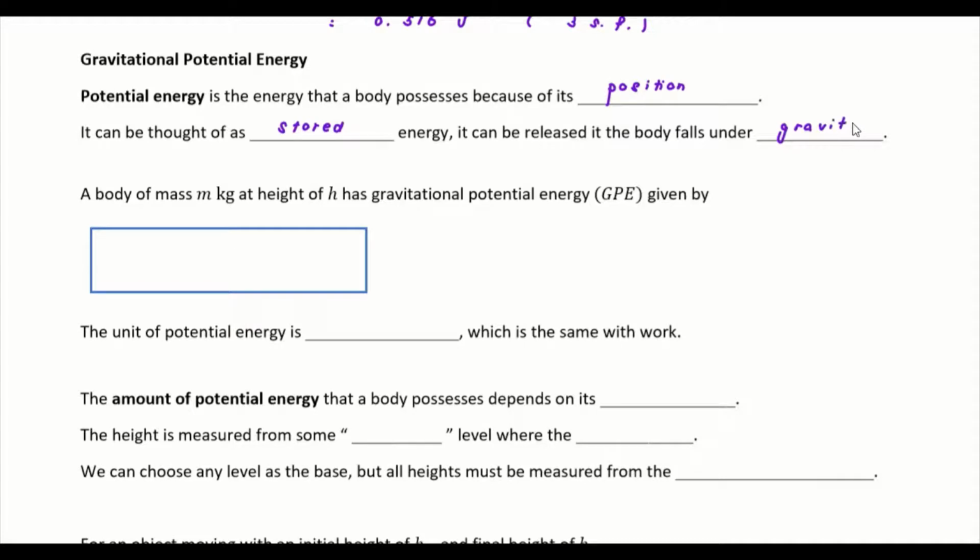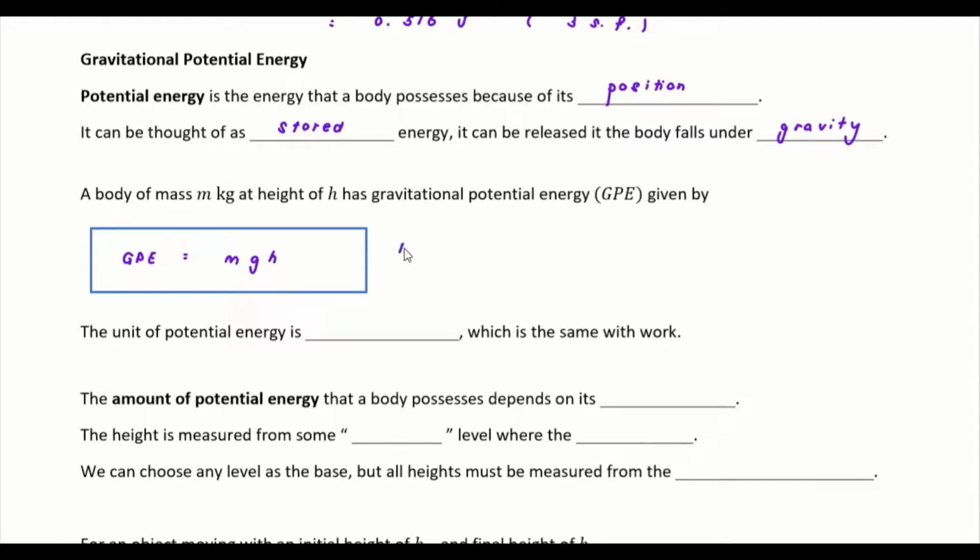Okay, so a body of mass m kg at height h has gravitational potential energy, GPE, which is given by the mass times the gravitational acceleration times the height. In other words, we know that g is 10, so you can always write 10mh, but it will be good to remember mass times g times h. In this case, you can see that for the unit part, it's going to be the same thing like just now.